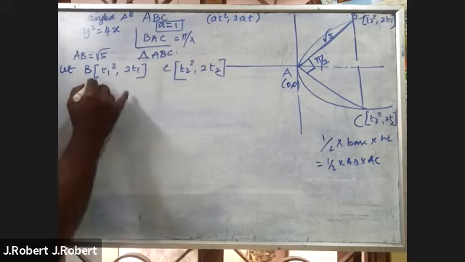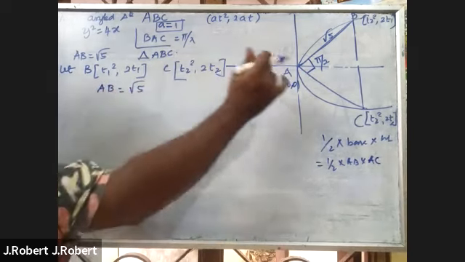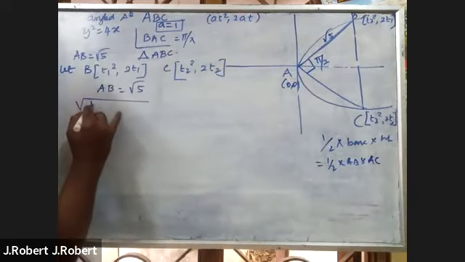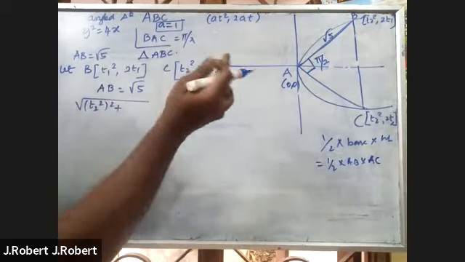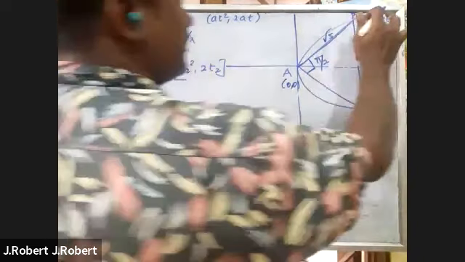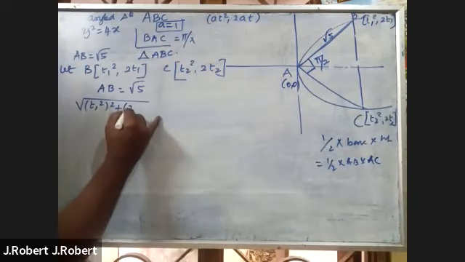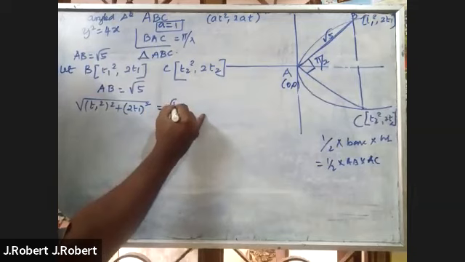It is given that AB is √5. AB is the square root of (t2 square minus 0) the whole square plus (2t1, sorry, t1 not t2, please make a change in that) t1 square minus 0, 2t1 minus 0, the whole square, which is equal to √5.